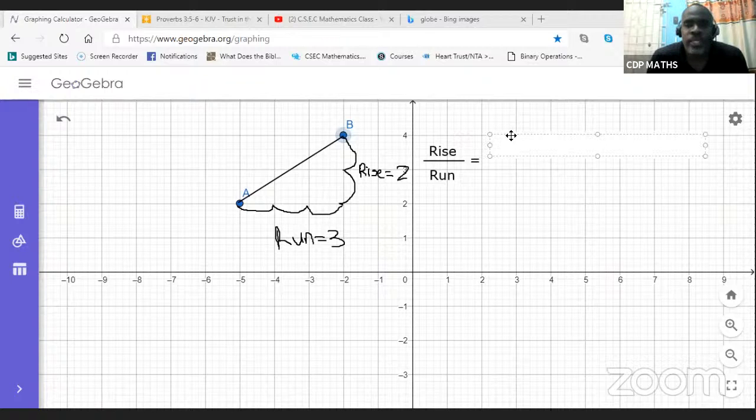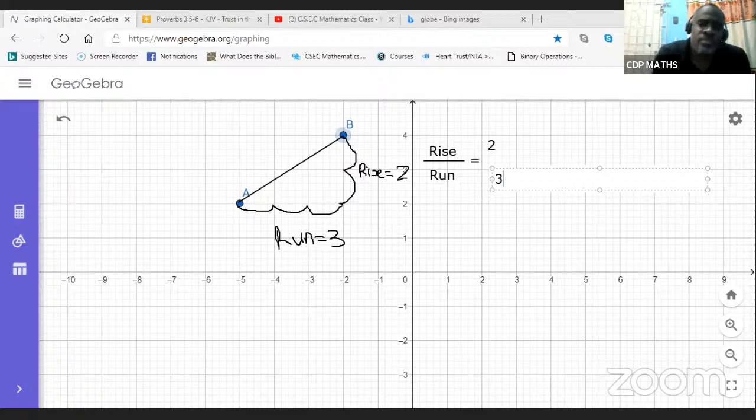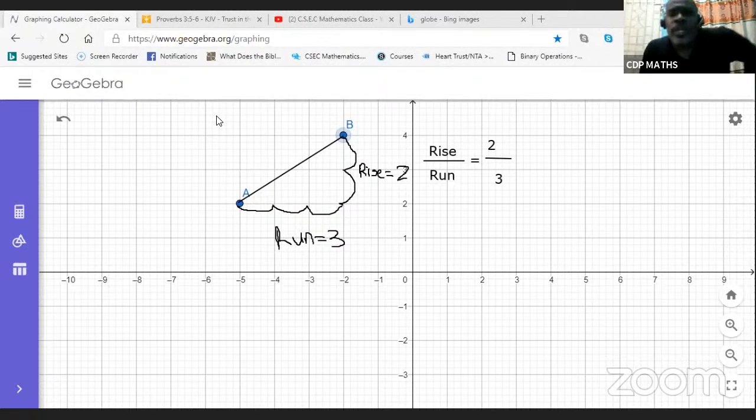So the value of rise is 2, and the value of run is 3. Was that difficult? No. Now, it looks like a fraction because 2 is not divisible by 3. Some mathematicians would say you can write it as a decimal, but your gradient can remain as a fraction.